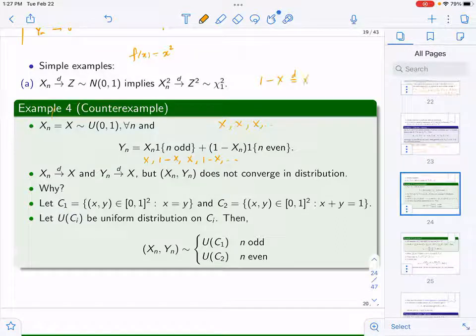So every element of the sequence has uniform 0, 1, and a sequence with constant distribution obviously converges in distribution. But the idea is that the pair x_n and y_n does not converge.